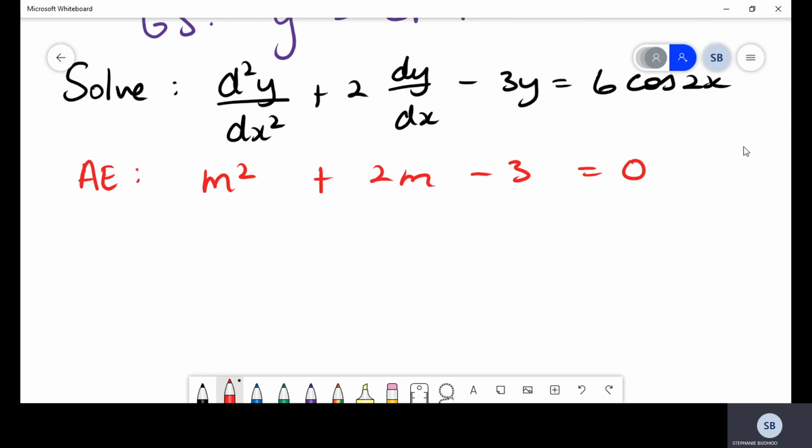You can solve this by basic factorization, and that gives us m1 equal to minus 3 and m2 equal to 1. Make sure you differentiate your values of your roots being different.